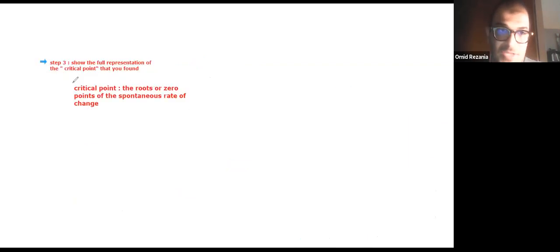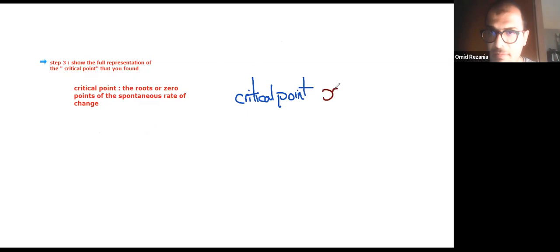For step number 3, we say to show the full representation of the critical point that you found. It means that you have a critical point, and you called it x naught.